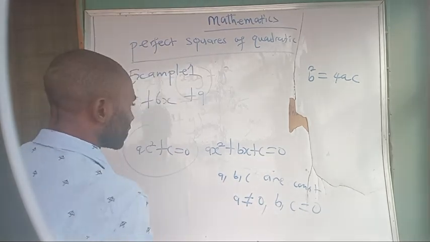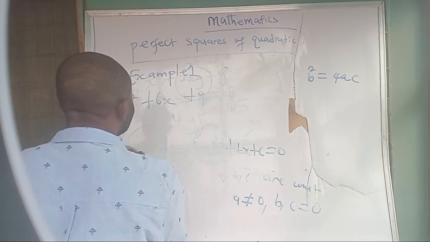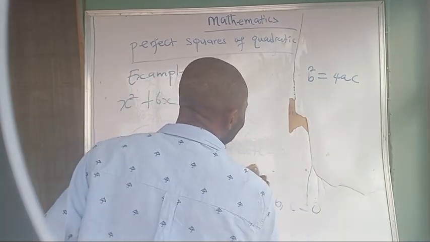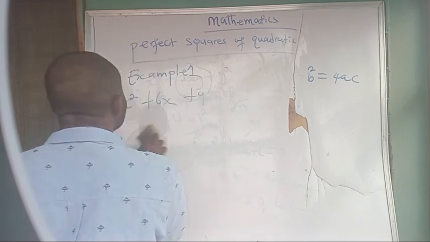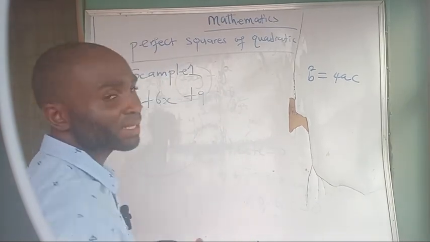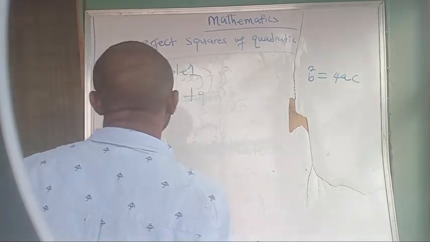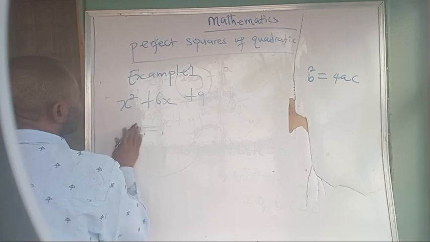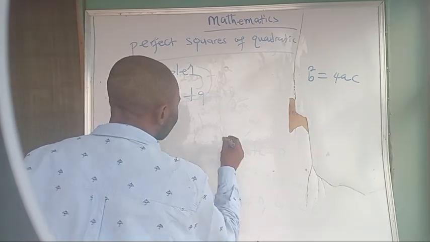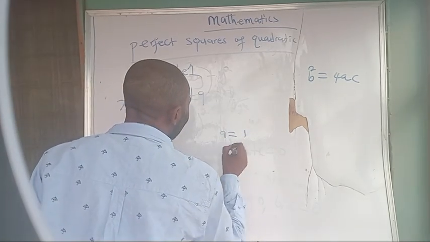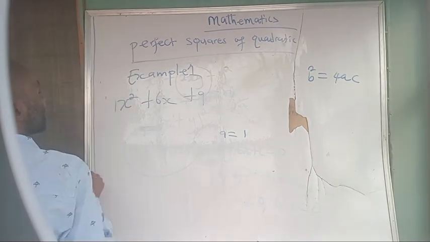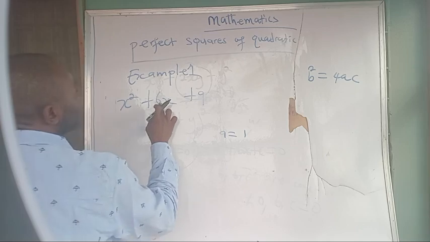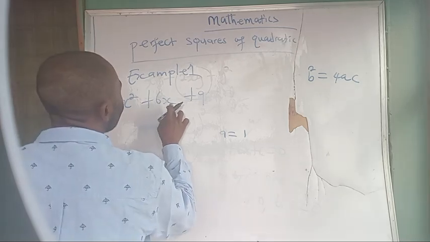So now, since we have understood that, perfect square equations can be checked. From this example that we have here, we can set our a to be equal to 1 because the coefficient of x squared here is 1, and our coefficient of x here is 6.